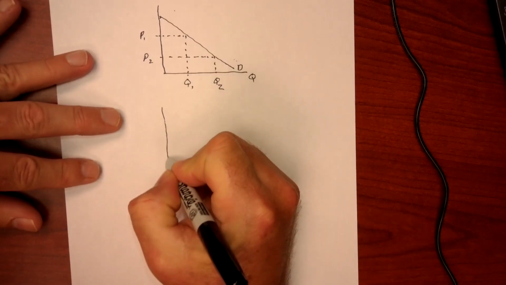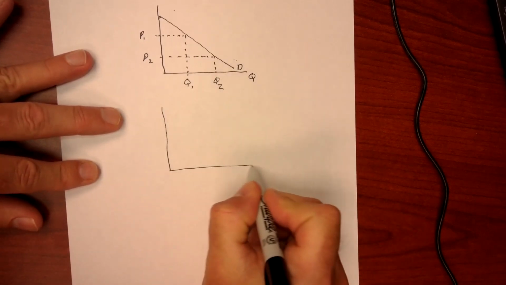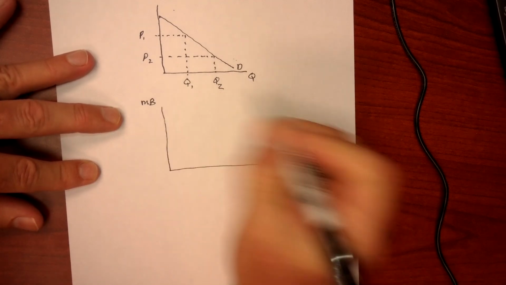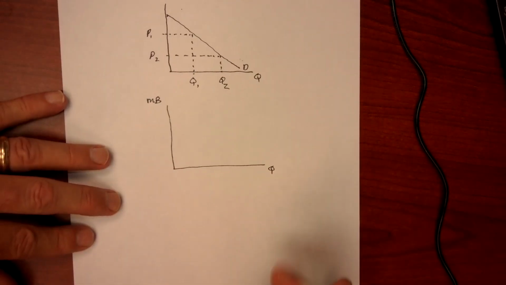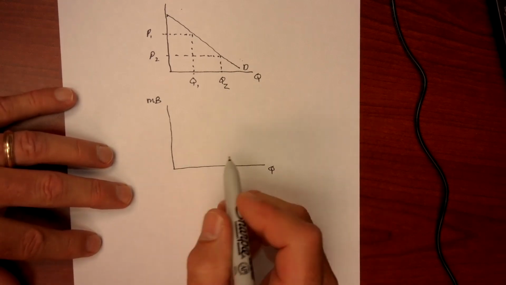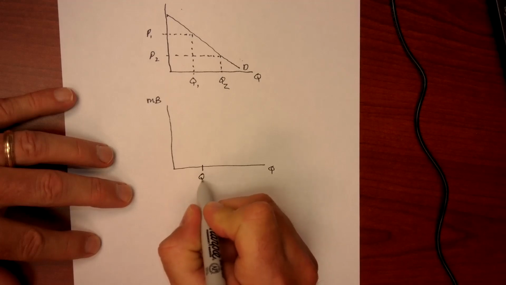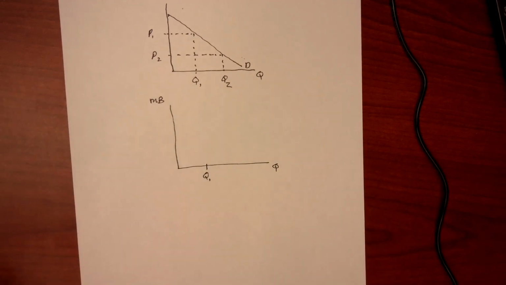In terms of marginal benefit, we say that if we're presented with Q1 units, what would it take for me to buy that Q1th unit?